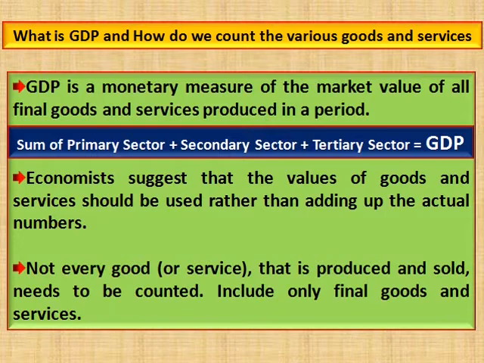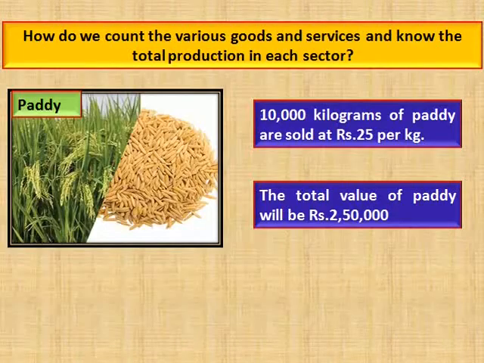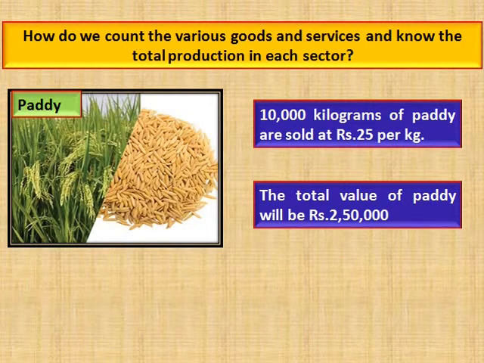Second point, economists suggest that the values of goods and services should be used rather than adding up the actual numbers. Not every good or service that is produced and sold needs to be counted. Include only final goods and services. Let us learn how we count the various goods and services and know the total production in each sector.